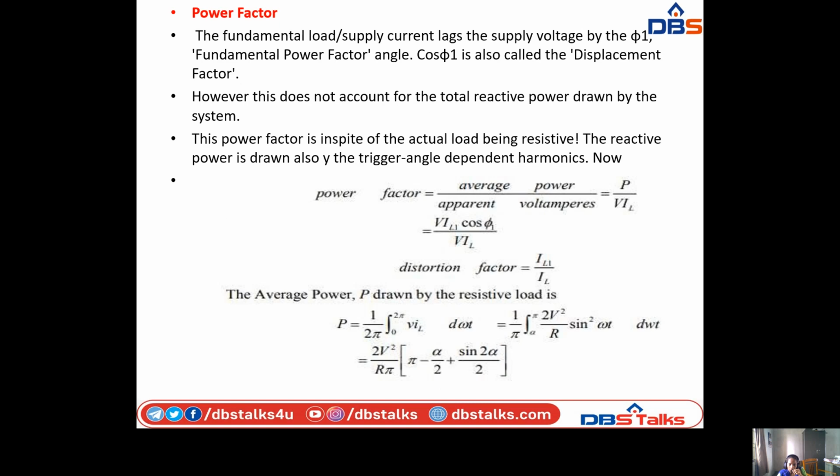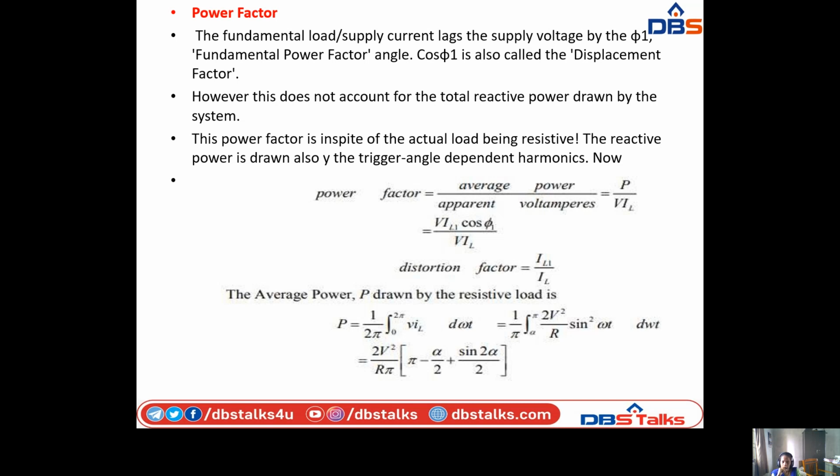Okay, next, power factor. The fundamental load supply current lags the supply voltage by an angle of phi 1, and the fundamental power factor is cos phi, which is called the displacement factor.